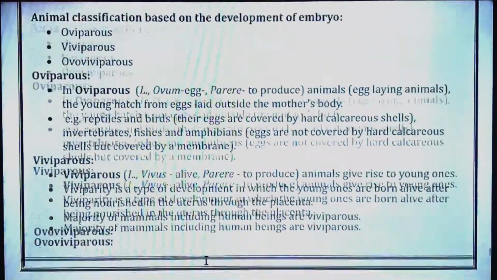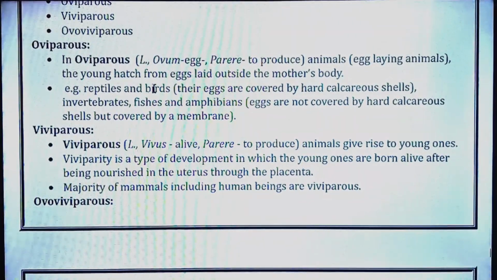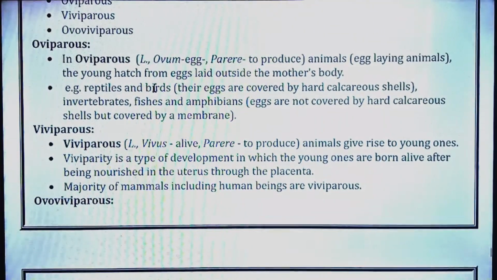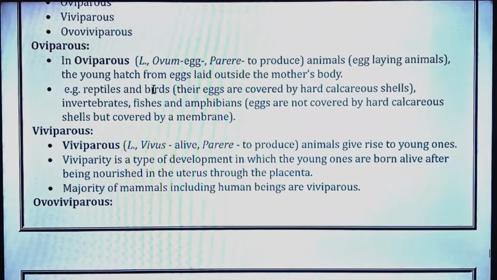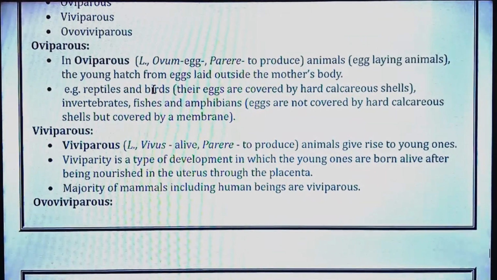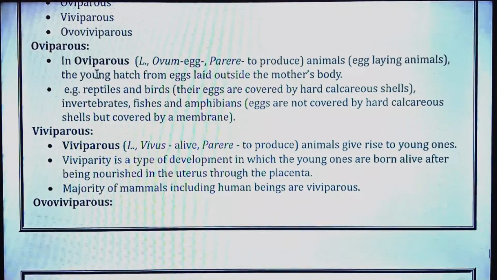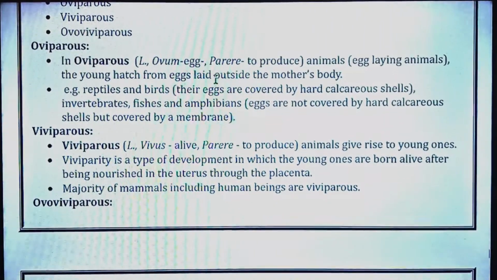Example for this is reptiles, birds. Reptiles' and birds' eggs will be covered by hard calcareous shell. In some of the invertebrates, fishes and amphibians, the eggs are not covered by hard calcareous shells. So oviparous are the animals that lay their eggs to hatch out their young ones from it.